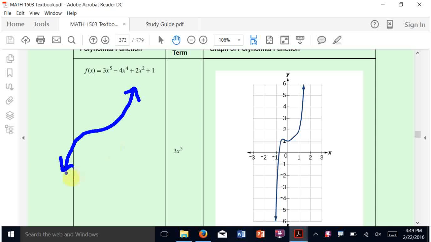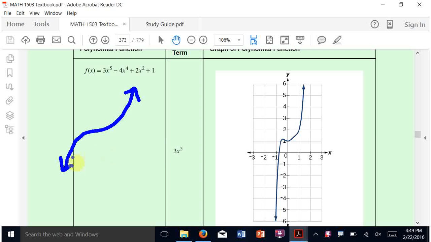So when you have x cubed, as x approaches negative infinity, f of x also approaches negative infinity. As x approaches positive infinity, f of x approaches positive infinity. So you're doing different things at different directions, as opposed to the case when you had an even exponent.